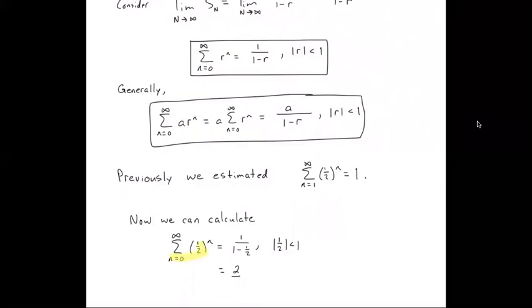This actually proves it once and for all, thanks to the work we did above. So the sum of n equals 0 to infinity of 1/2 to the nth power is 1 over 1 minus the ratio. Notice that this is true because the absolute value of 1/2 is less than 1. So we have 1 over 1 minus 1/2, which is 1 over 1/2, which gives us 2.